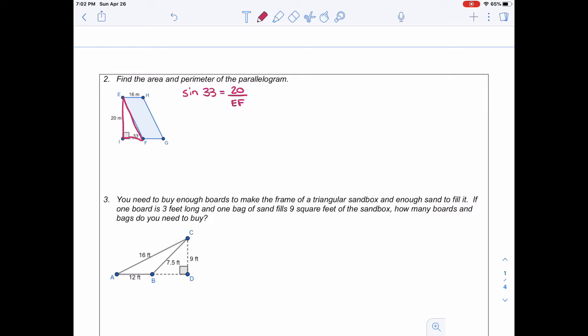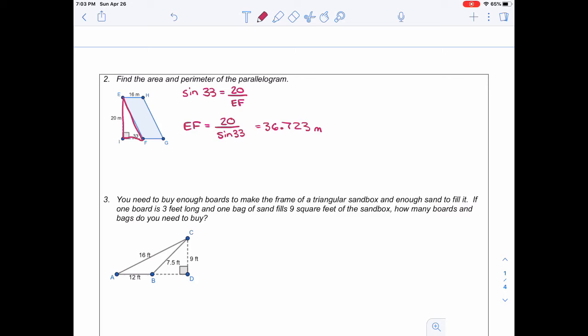That's what we're looking for. So remember, to solve for EF, all we want to do is do 20 divided by sine of 33. Okay, and if we do that correctly, we should get 36.723 meters, I guess, technically.